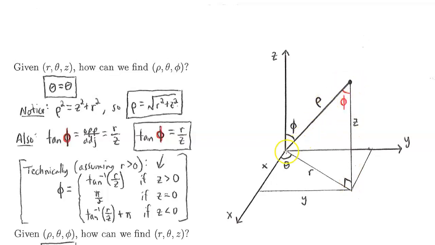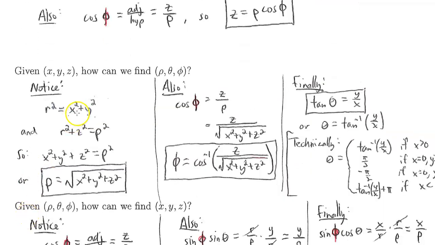Right, so what's rho squared? Well, it's equal to r squared plus z squared, right, by the Pythagorean theorem. So notice, if rho squared is equal to r squared plus z squared, but r squared is x squared plus y squared, we can replace this r squared with x squared plus y squared. Right, because that's what r squared is. So we have x squared plus y squared plus z squared equals rho squared. Or rho is the square root of x squared plus y squared plus z squared.